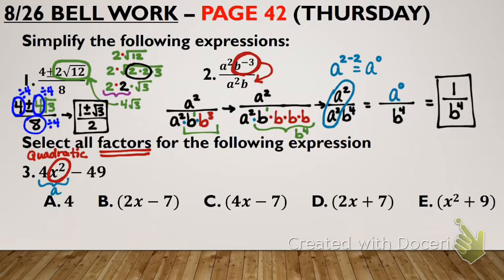What about this negative 49? Is that b or c? That's c. What's in between these? Sorry, what symbol is in between the 4x squared and the 49? Right here. What is that? Minus. This is a difference of 2 perfect squares.